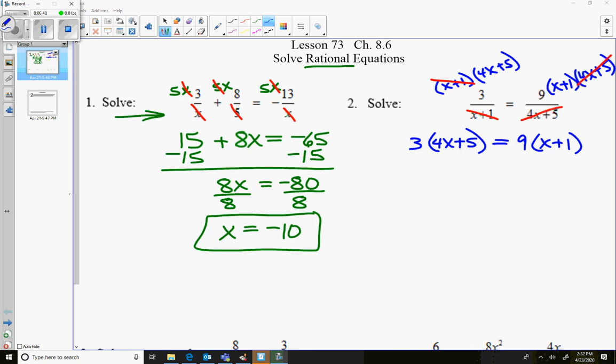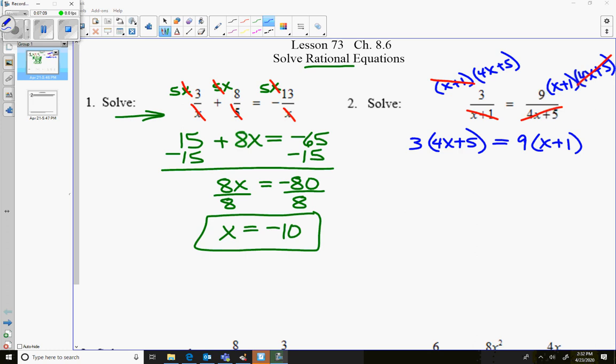Now, you'll notice if we had cross multiplied, we'd be sitting at the exact same step. So again, it really doesn't matter, but I don't think you're going to see too many like that. So do it the way that we're doing for all these solving rational equations. And now, solve for x.